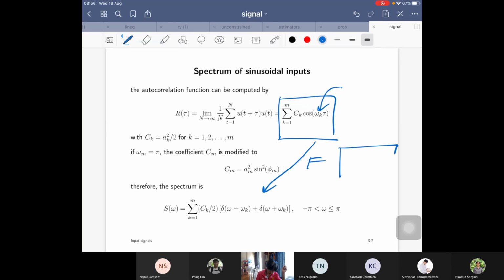If you are not familiar with this, again, watch the video or just read the book on the Wiener-Khinchin theorem. The spectrum is the Fourier transform of the autocorrelation function. These two form a Fourier pair. And of course, this is a known result from Fourier analysis: you have a cosine, and you get delta functions in the Fourier transform at two frequencies.